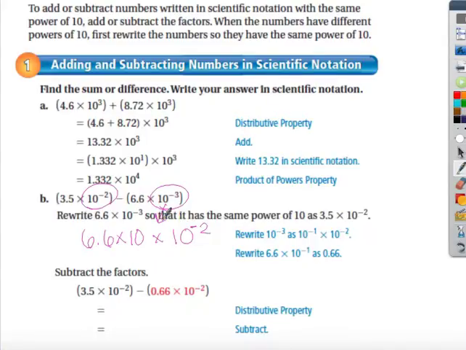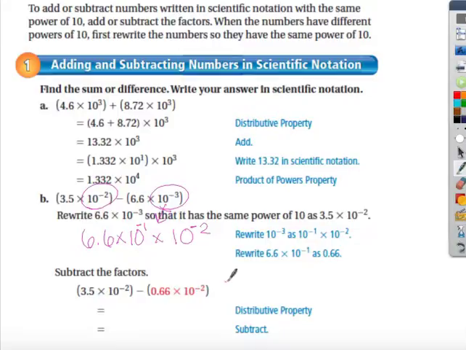So using our product of powers property, we have to think, okay, what two numbers can we add to get negative 3, to get the original power that we started with. And we know that negative 1 plus negative 2 will get us back to our original power of negative 3.